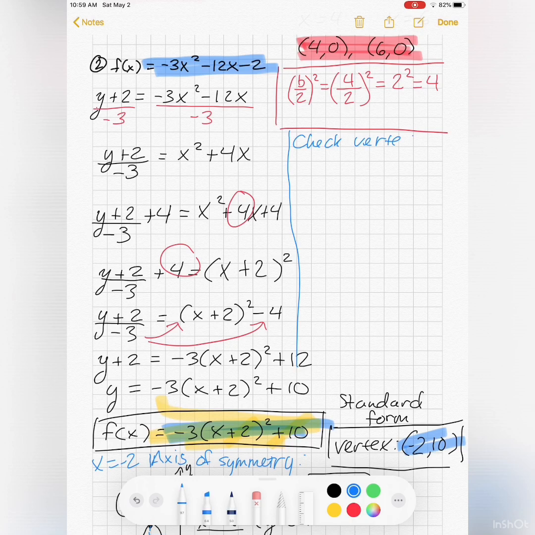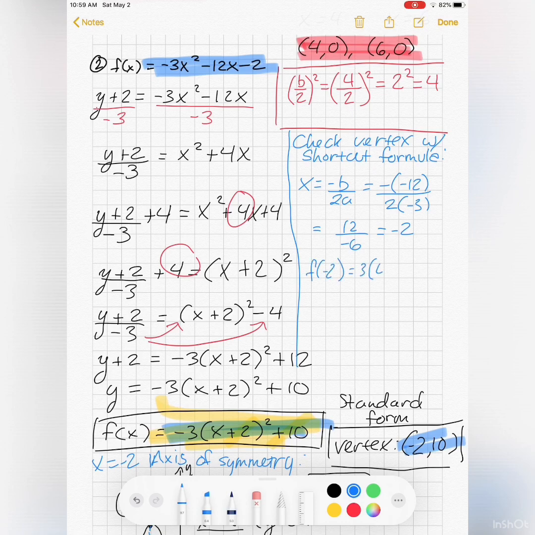I could check one of these using the shortcut formula and just make sure we came up with the correct vertex. So how would I do that? I'd use the original equation. Okay, so what would that give me? That'd be 12 over -6. There's -2. Then I would have to plug -2 in.